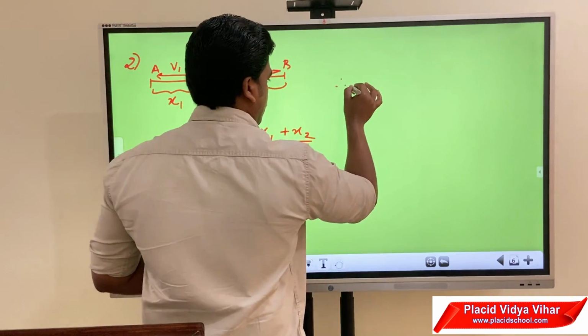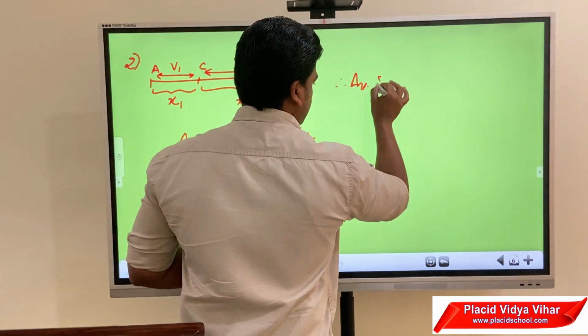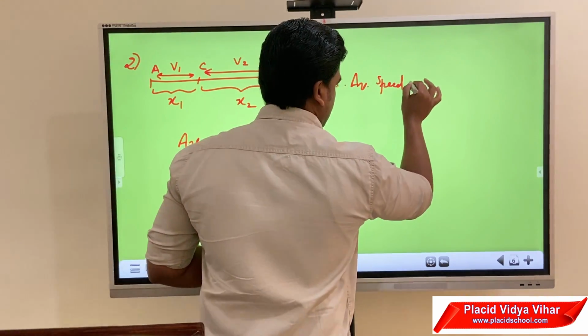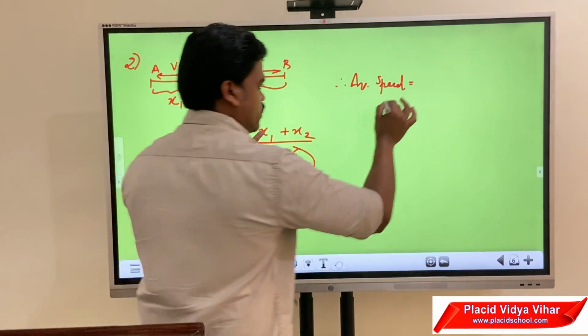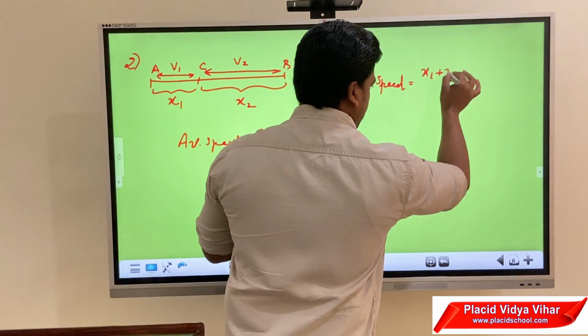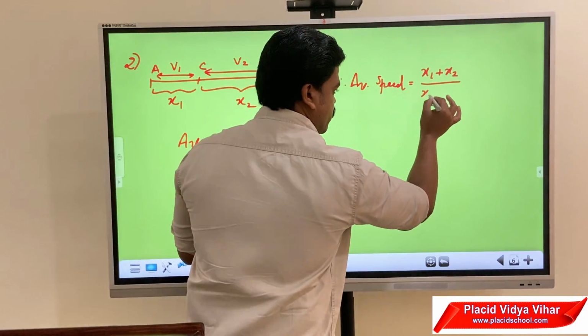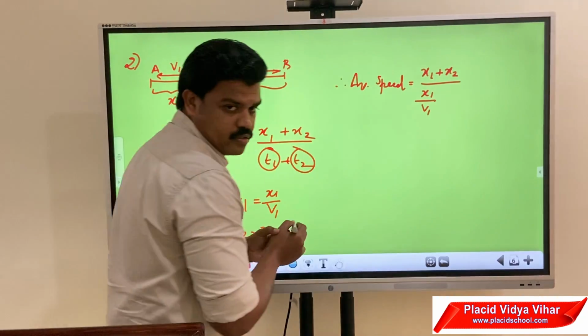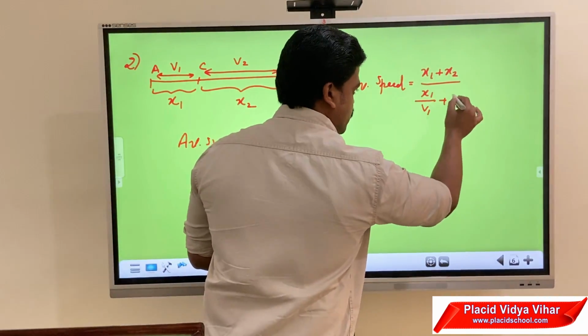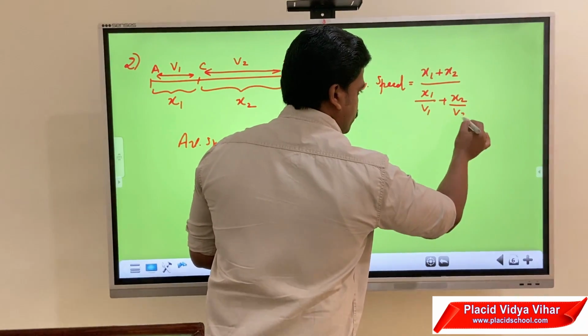Therefore, average speed is equal to x1 plus x2 by, instead of t1 and t2, x1 by v1 plus x2 by v2.